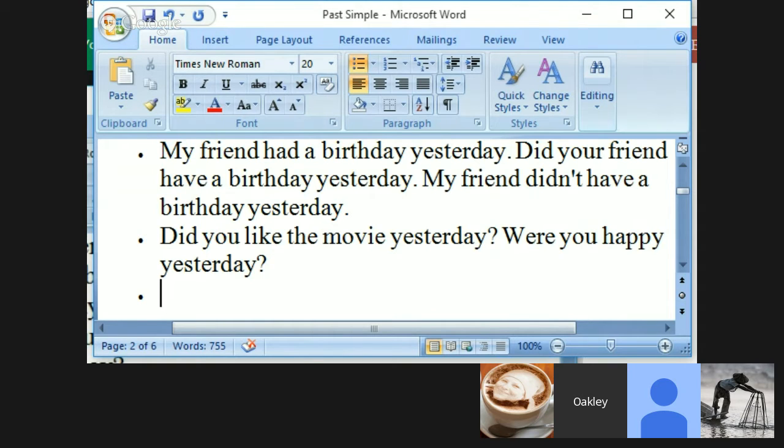All right, Hajar, you want to give me an example of a finished action in the past with a past simple? My brother finished his school last month. I'm sorry, one more time. My brother finished his school last month.